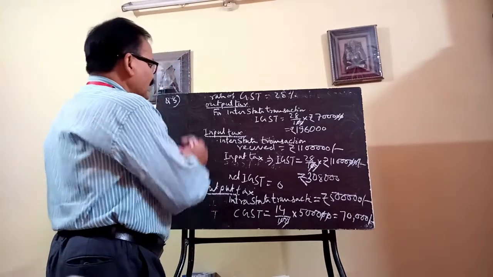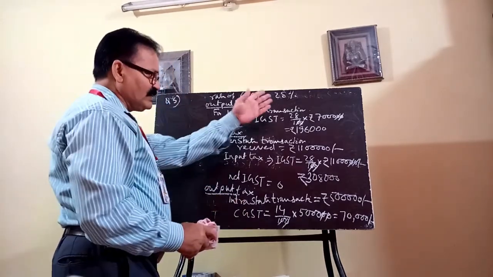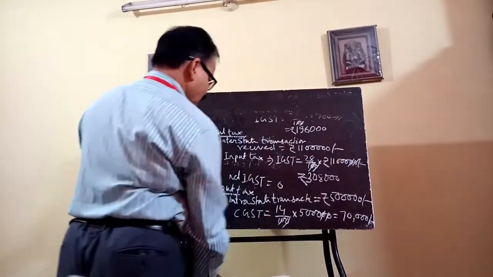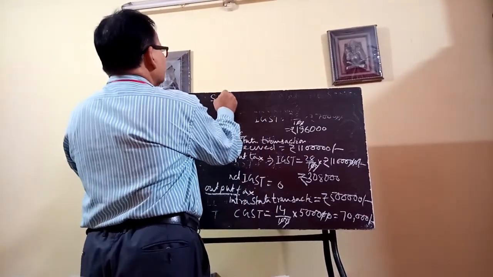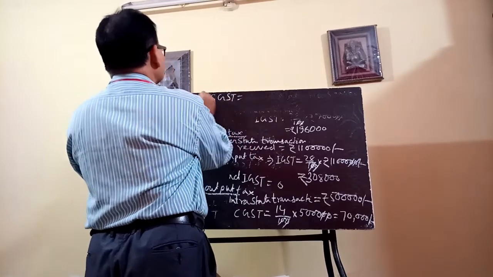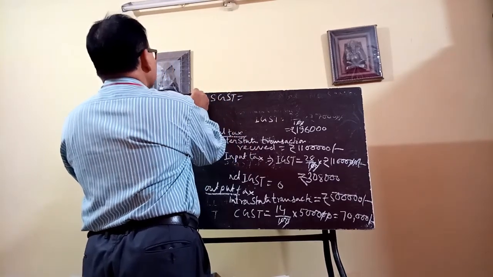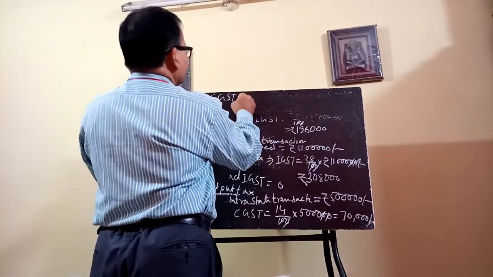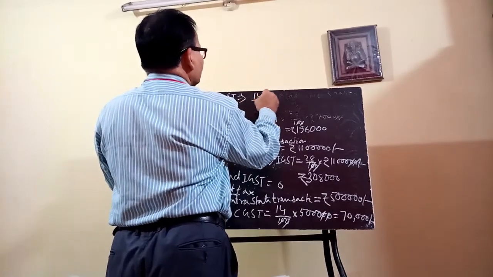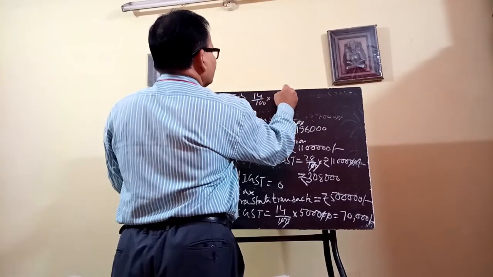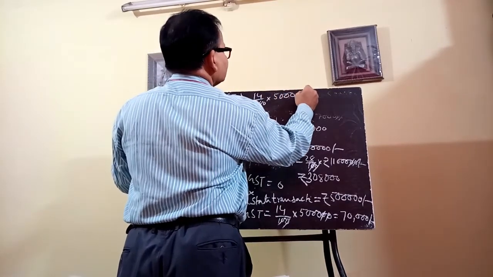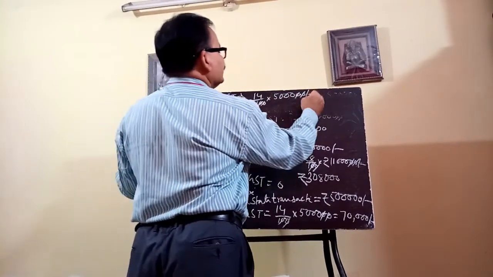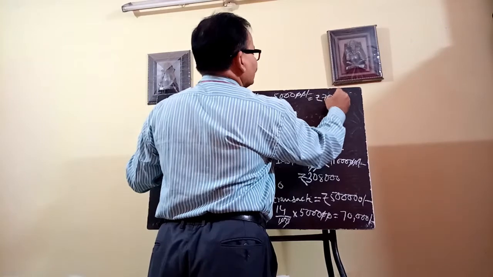So you have to keep in mind all this calculation. Now SGST, that is also for output tax, again 14% of rupees 5 lakh. That means this is again rupees 70,000.